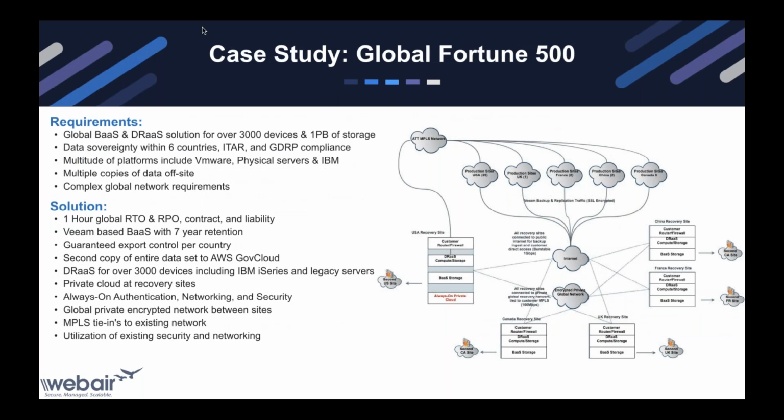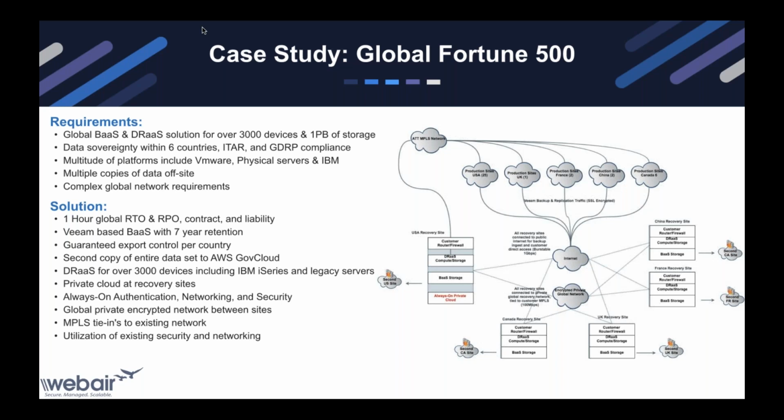Here's one that we're doing for a Fortune 500 company. It is a global deployment, so they have offices throughout the world, and they need data not only to stay in the same country as where it came from, the source country, but they need assurance that whatever long-term archival data they send to us is stored at two separate locations within each source country. We're doing that for the entire organization: thousands of VMs, long-term backups, NDR.